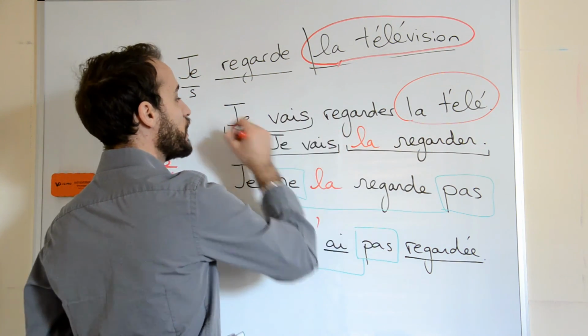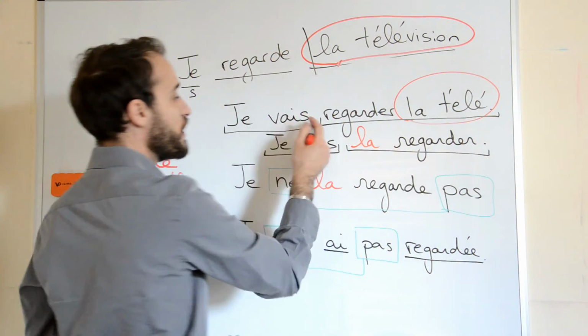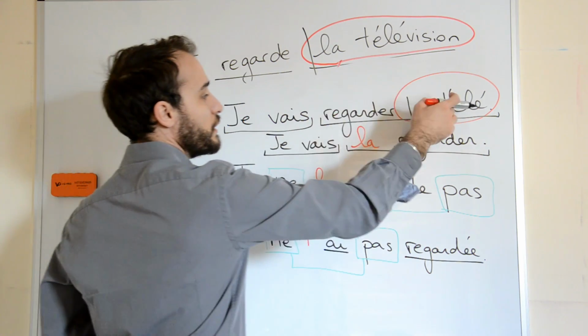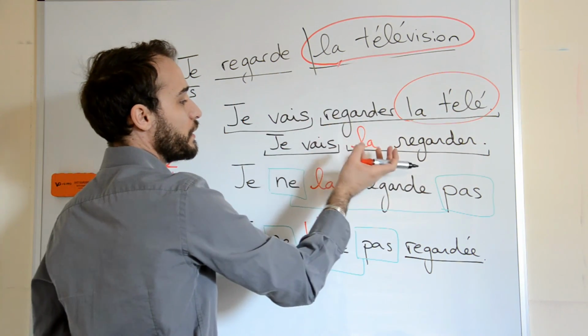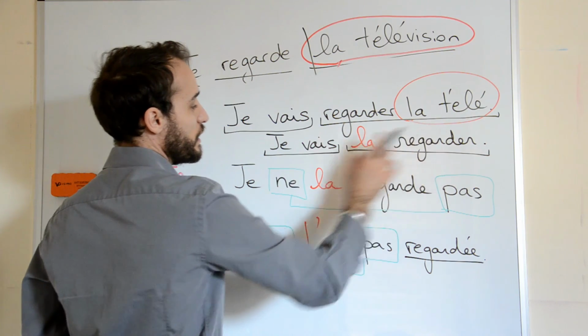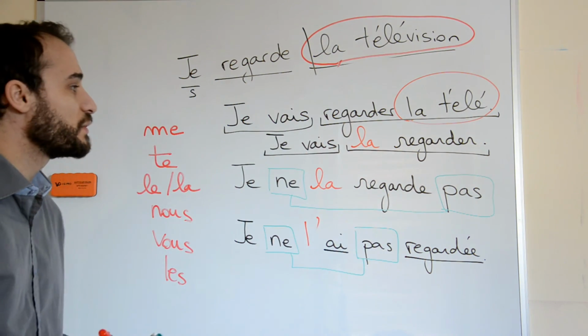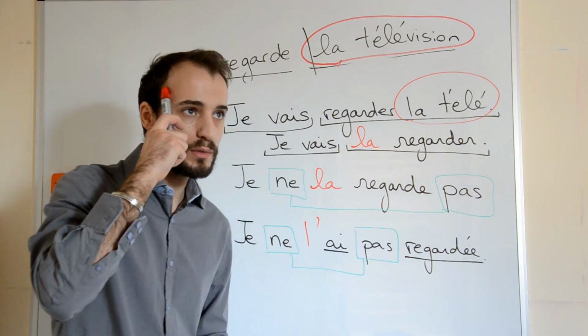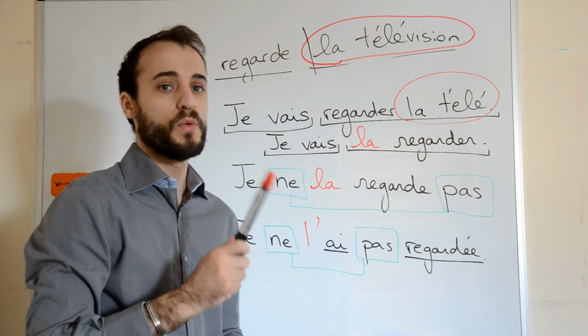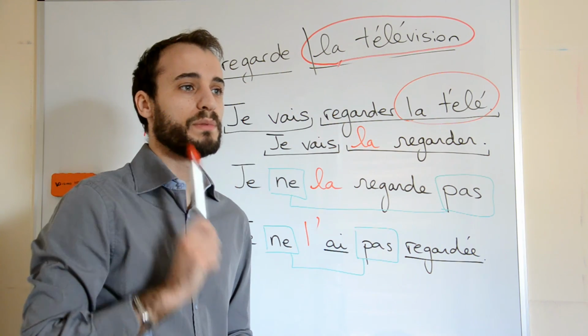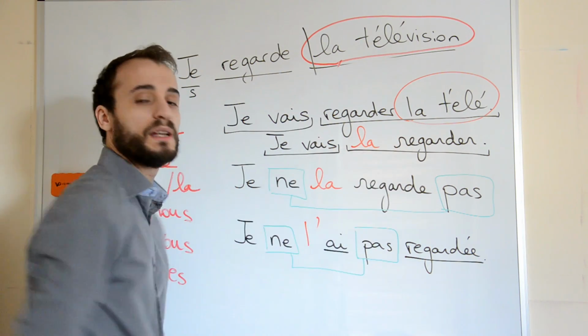Je vais, I'm going, what? To watch the TV. Je vais, what? To watch it. So that is together, that is together. So that doesn't go here. So be careful when you have several verbs like that. You need to ask yourself, where does my pronoun go? And in fact it goes right before the verb that it is associated with.